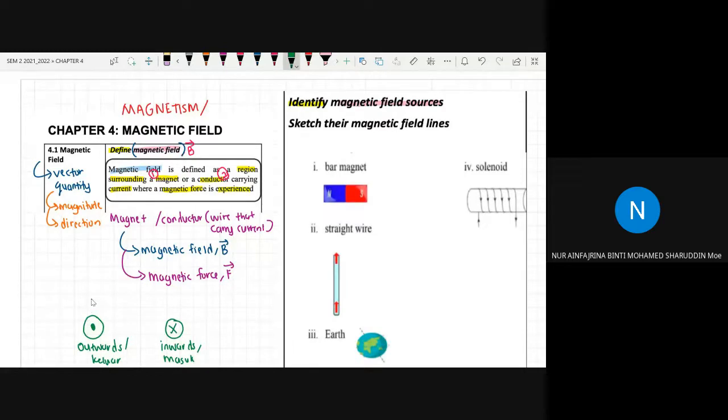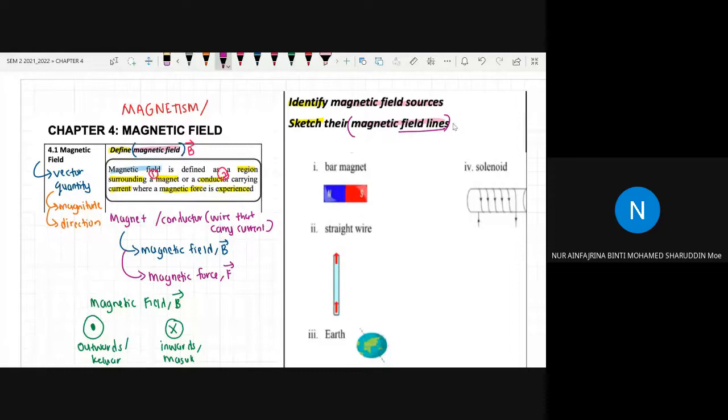So ini adalah untuk direction of the magnetic field lah. Okay, so lepas kita dah identify magnetic field sources dia, kita akan terus sketch magnetic field lines dia.